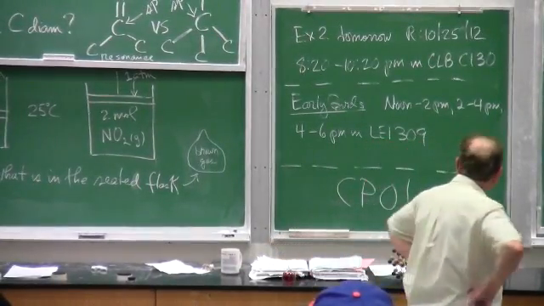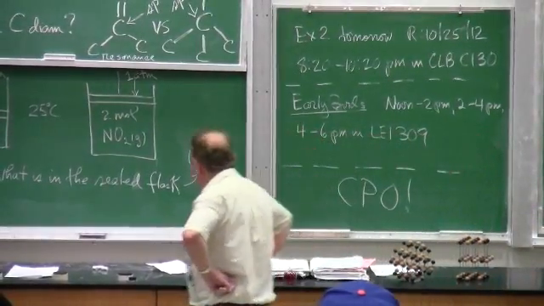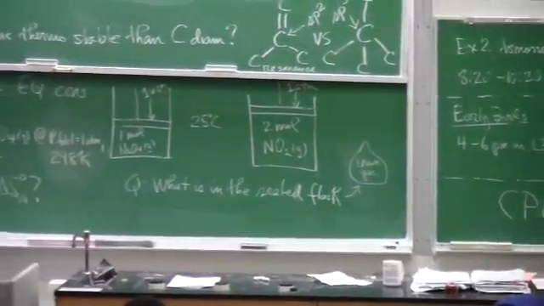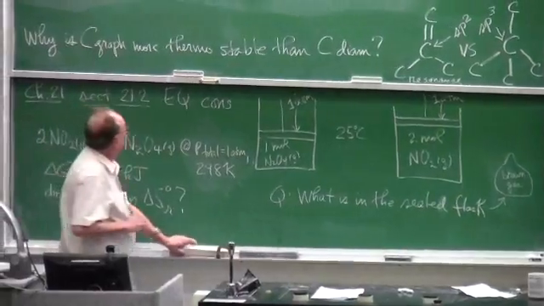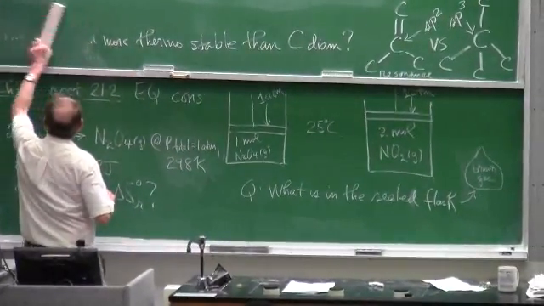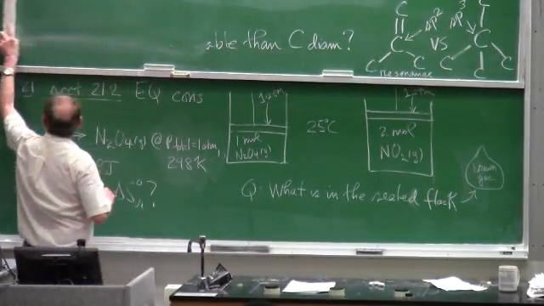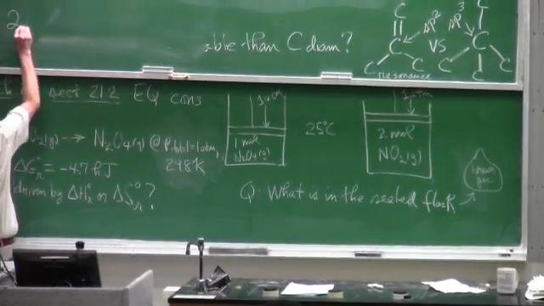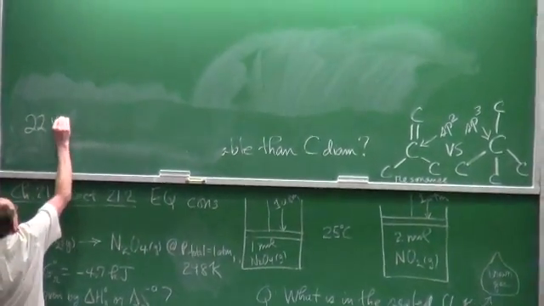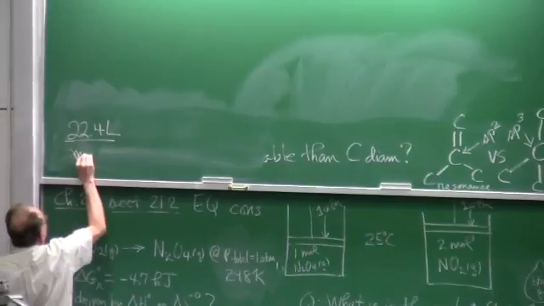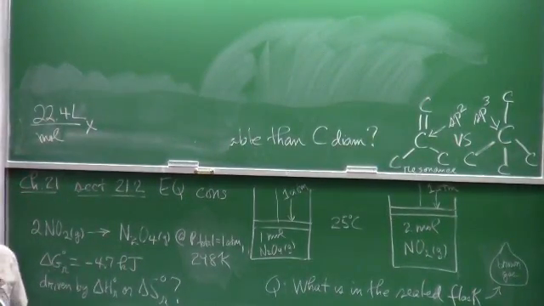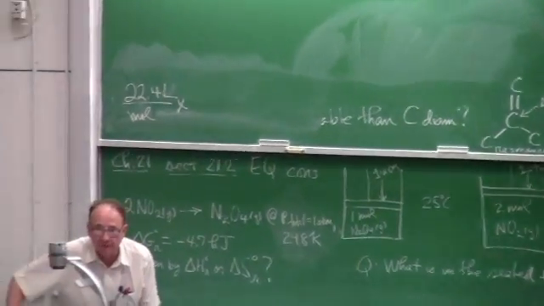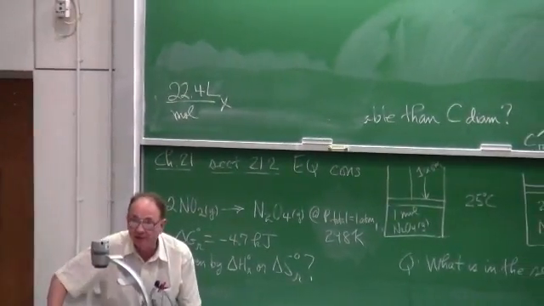But all I'm going to do, if I want to know this new volume, is to write this, which I know to be the volume occupied by the mole of the ideal gas at what temperature?